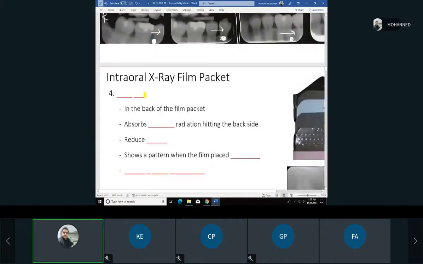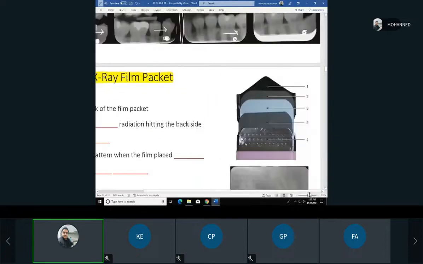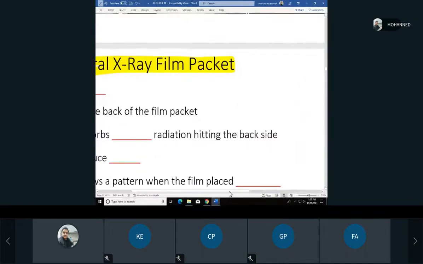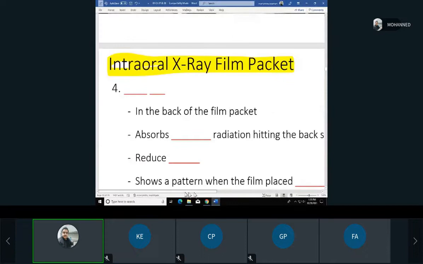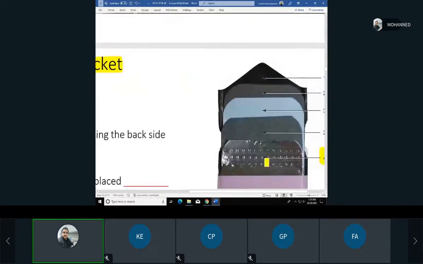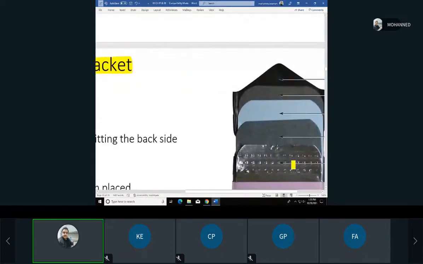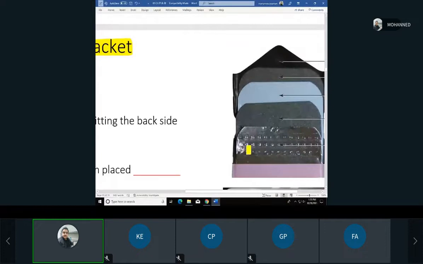So continuing with the film packet, having all of these things in it. We talked about number 1, the outer wrap, number 2, the paper wrap, and number 3, the film. And number 4 is... doesn't it look like it's metal-ish?